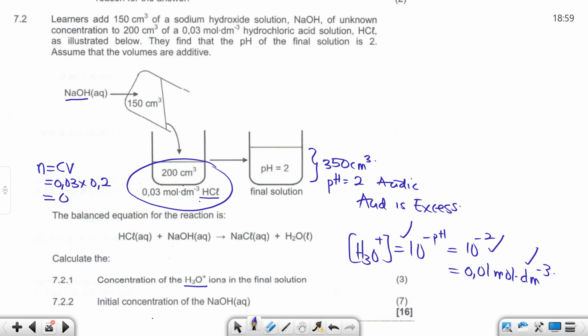The original number of moles is 0,006 moles. We added n moles of sodium hydroxide, which we don't know. But already we know this one was in excess. So some of the base neutralized some of the acid. Not everything was neutralized. The excess is what we used here.